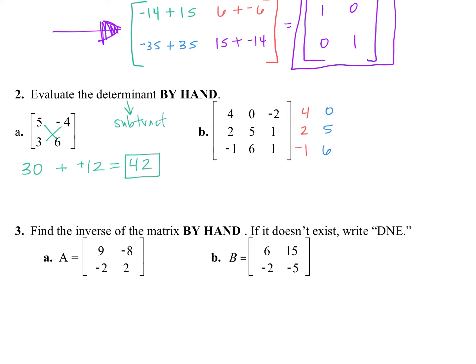And now what we're going to do is we are going to do the diagonals, kind of cross multiplying-ish, kind of like we did. But it's going to be this diagonal first. So that is 4 times 5 times 1.